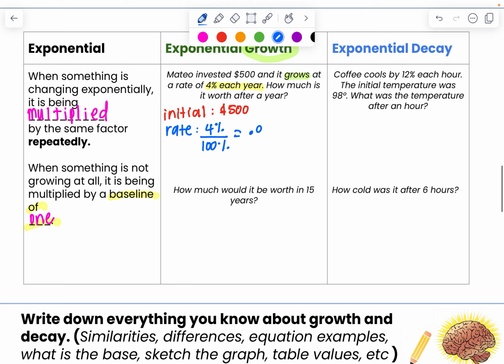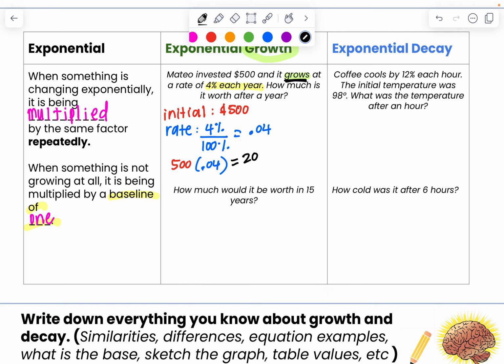I'll take my $500, I'll figure out what 4% of that is. 500 times 0.04, as it turns out, is 20. So again, since my money is growing, I'm going to actually end up taking my $500 and adding the 20, and that gives me my final amount of $520 after 1 year.